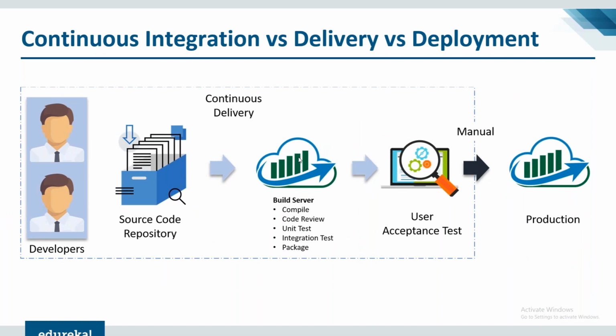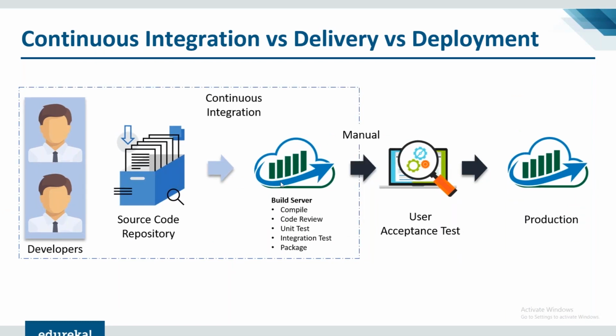In terms of continuous integration, first of all, we build the entire code that we have fetched from a source code management system, for example Git. Once we have created a build out of it, then we test the code validity.